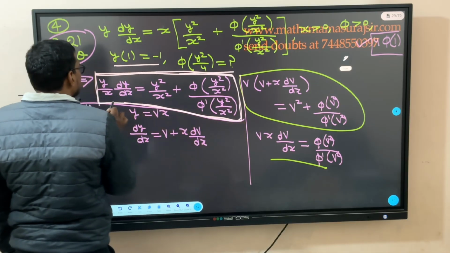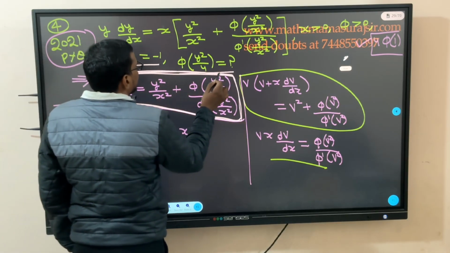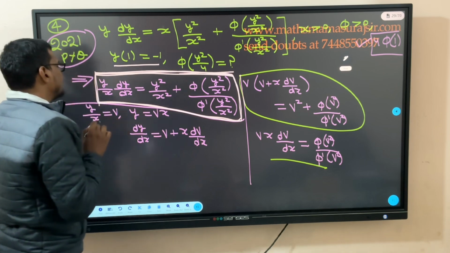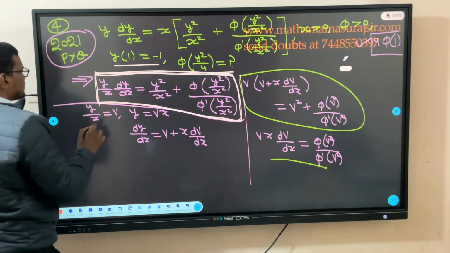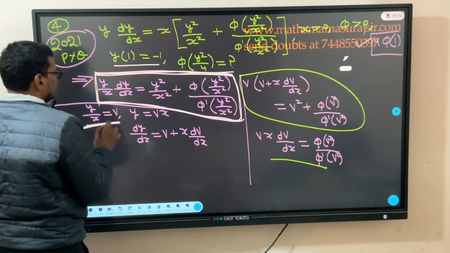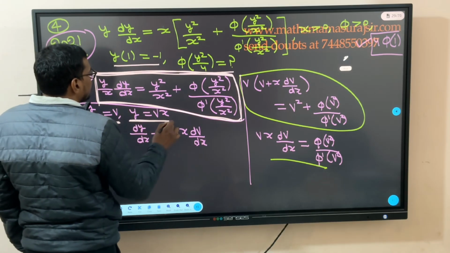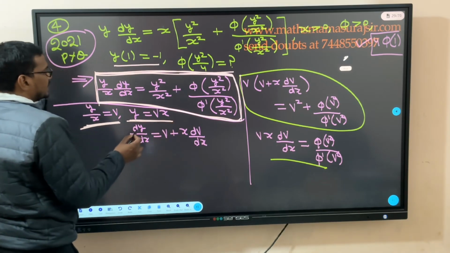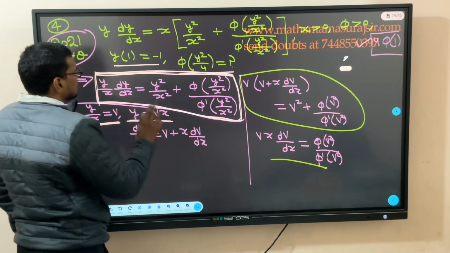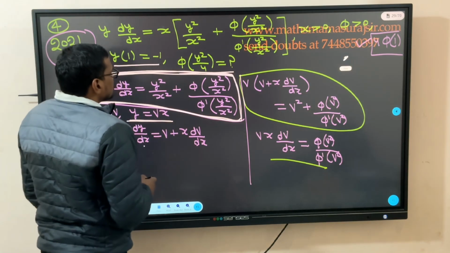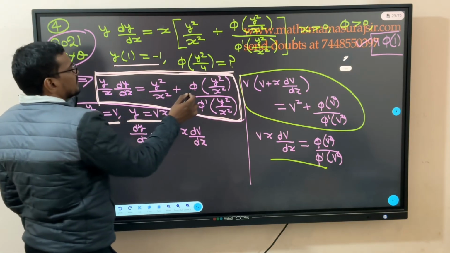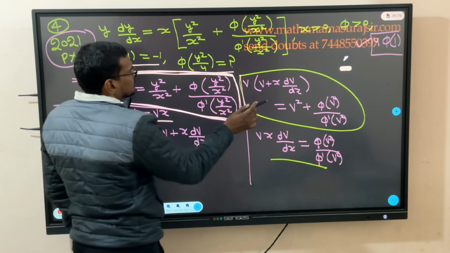So if we are getting this thing, then see very carefully. In this, if we substitute y by x equal to v, or we can say y equal to vx, right? Then dy by dx is this thing that we can write. So if y by x is v, this will become phi of v square upon phi dash of v square.